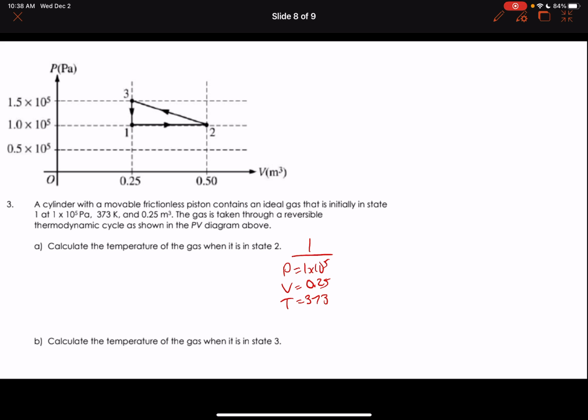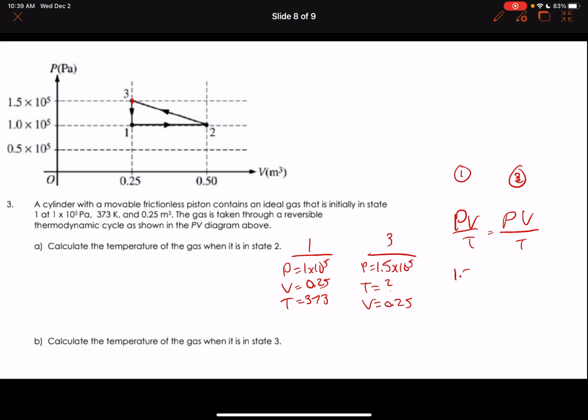Again, at state 3, reading the graph, pressure is now 1.5 times 10 to the 5th. Temperature is what we're looking for, and volume is, according to that graph, 0.25. So we can do the same thing. PV over T is equal to PV over T for the two different states. This is state 1, this is state 3, I mean.